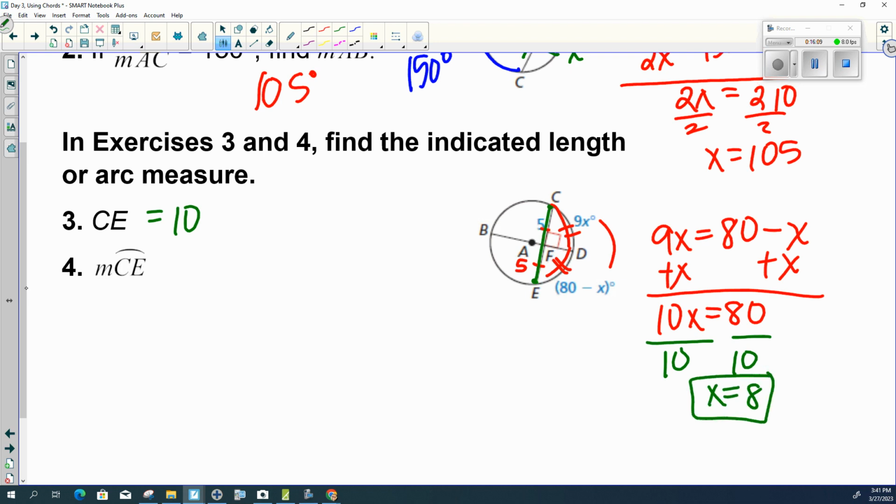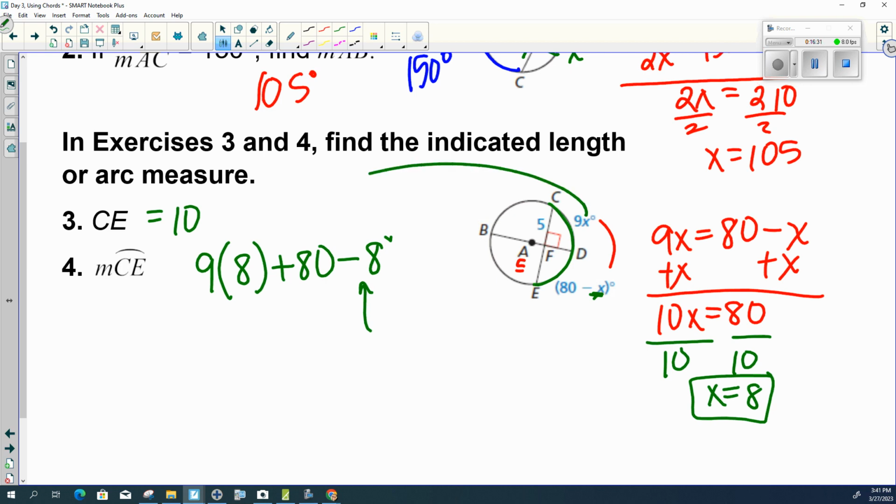So I found x, but I'm not able to answer the question. What is the measure of arc CE? Any thoughts? Well, I need to add these arcs together. But everywhere I had an x, I'll put 8.